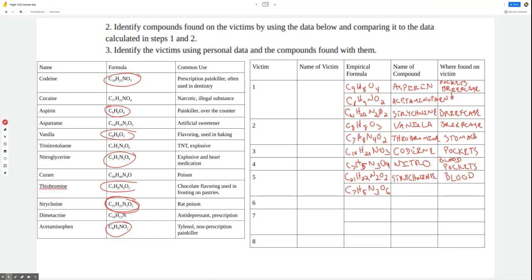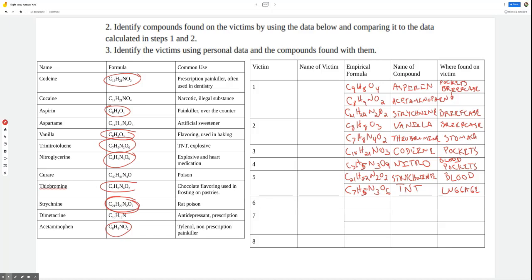So that suggests that they ingested it. And strychnine is a poison, so that's not good news. And then C7H5N3O6 is here. Trinitrotoluene, also known as TNT. That was found in their luggage. So that's also not good. So this person had poison in their blood and TNT in their luggage.